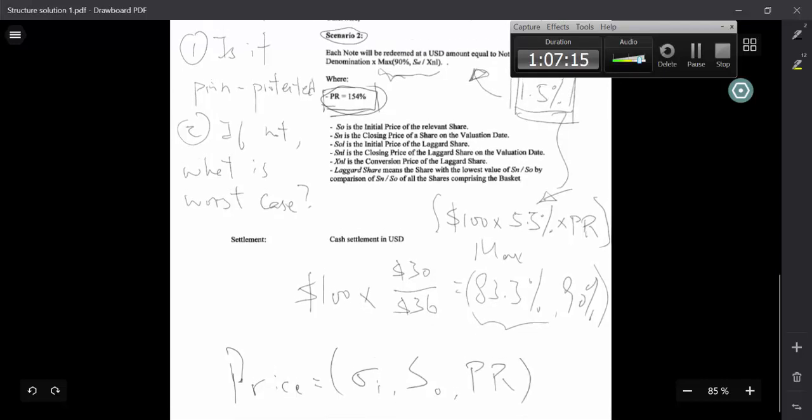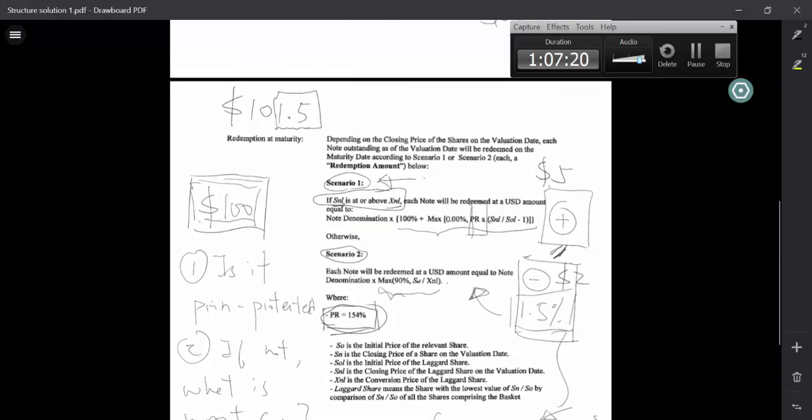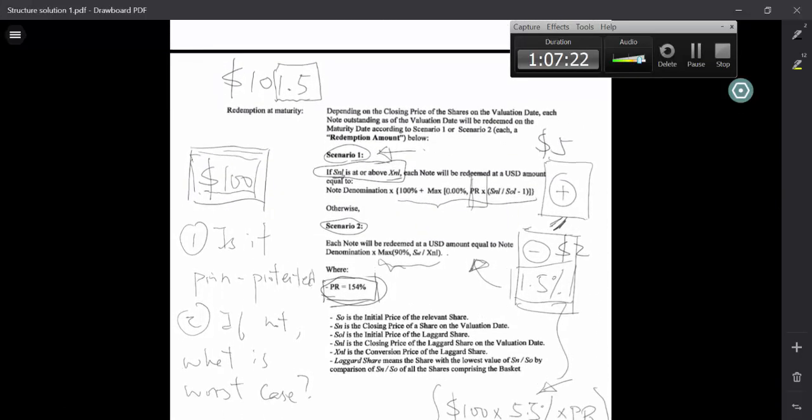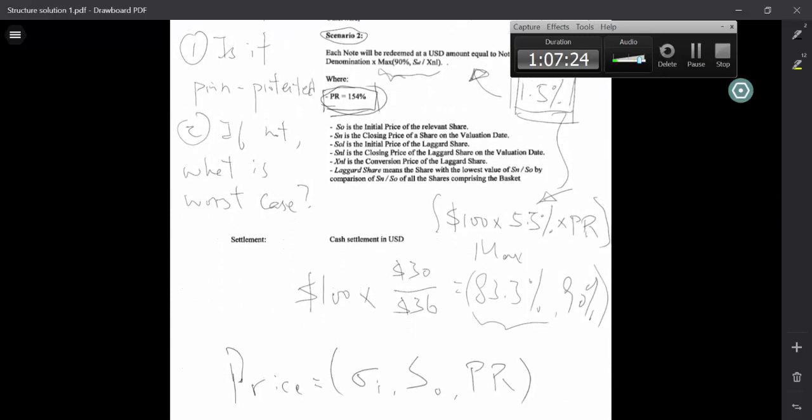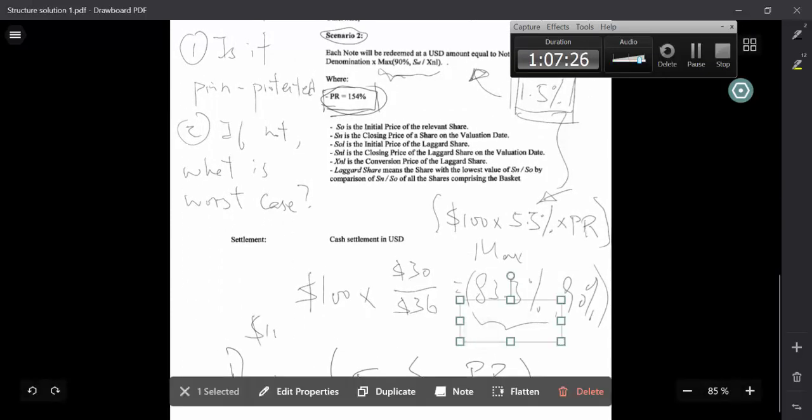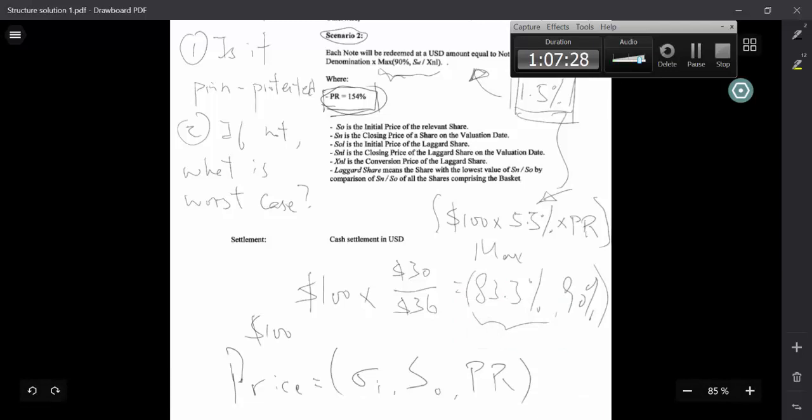So like I said, if you want the price to come out where the options you buy and the options you sell are the same, if you want a par price, then you have to adjust the PR. But now I fixed the PR, so the price is going to change. Are you with me?